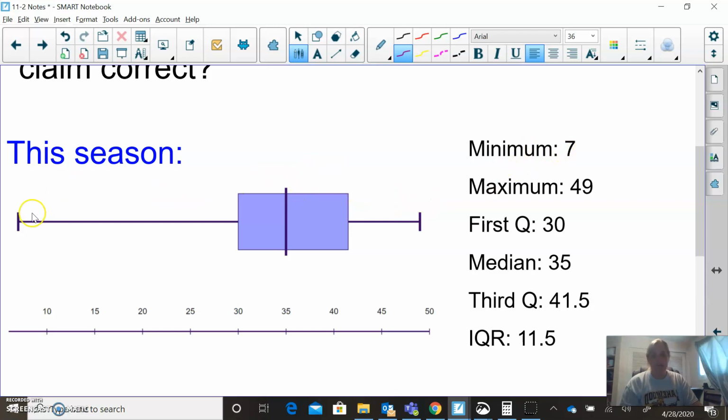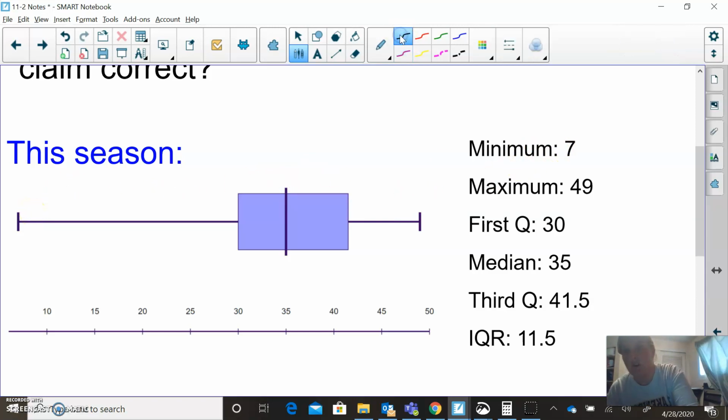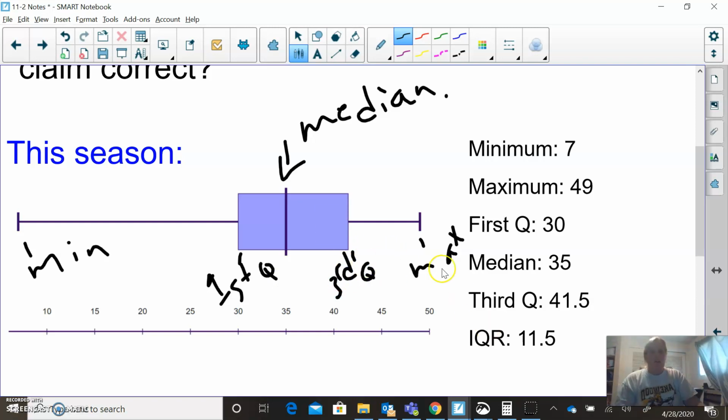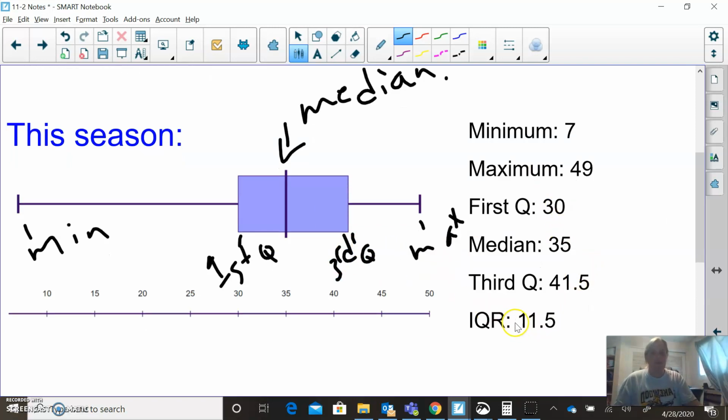Okay, our minimum is 7. Min is here. Max is over here. This is our median. First quartile, and third quartile, alright? Okay.